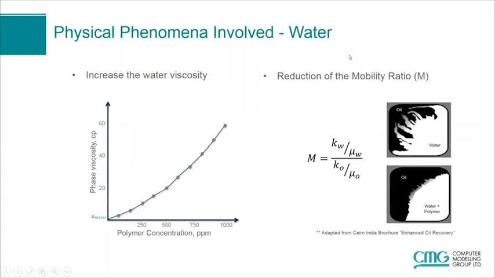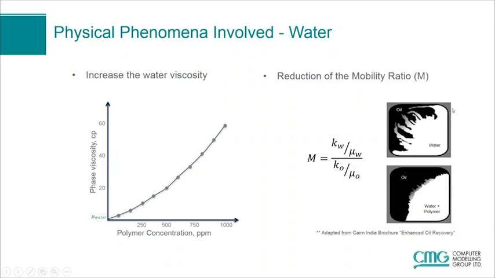So first of all, the water viscosity. The plot on the left is showing what the viscosity may look like as a function of polymer concentration. So as you add more and more polymer, you get a higher water viscosity. And of course, that gives us an improved mobility ratio. The formula for mobility ratio is just here, the k over mu, water over oil.